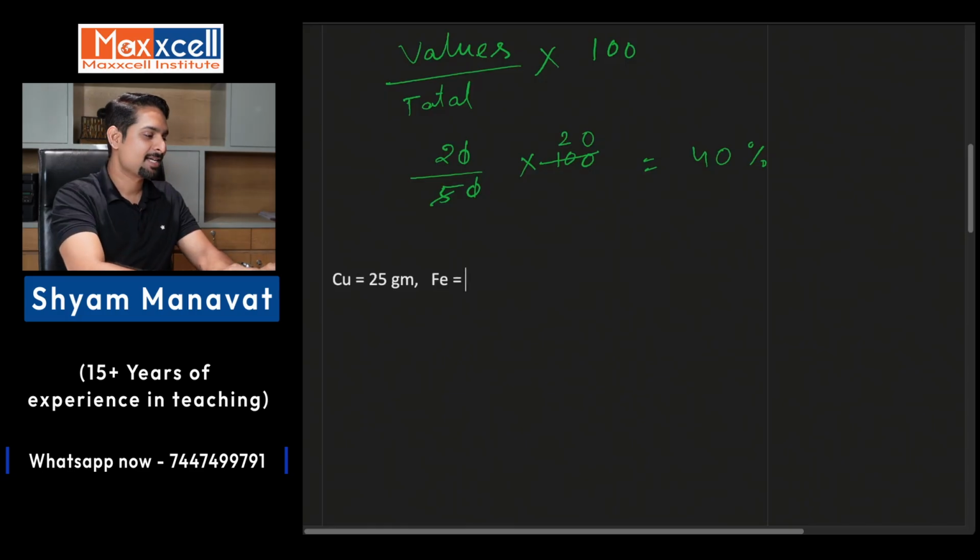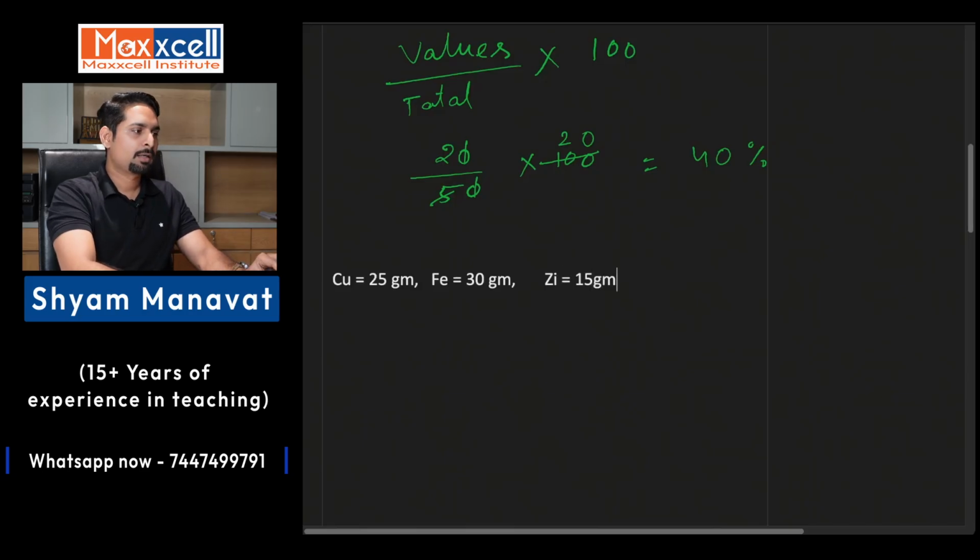Let's say this is 30 grams here, and then I have 15 grams which is of zinc.